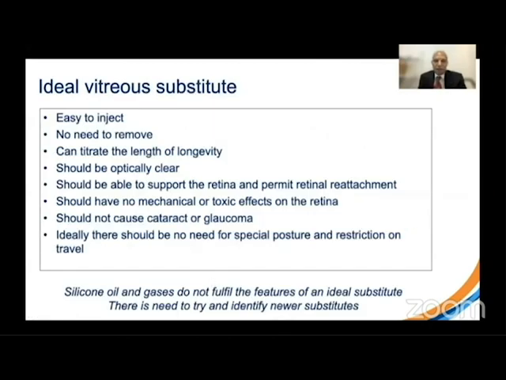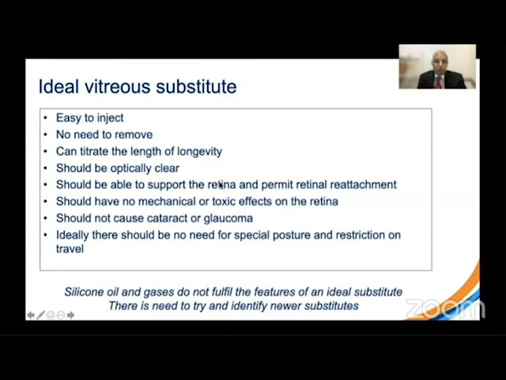But are they ideal? Neither gases nor silicone oils fulfill the features of an ideal substitute. An ideal vitreous substitute should be easy to inject and easy to remove, or at least there should be no need to remove. We should be able to titrate the length of longevity in the eye. It should be optically clear so that patient can see postoperatively, and we can also do laser, etc. postoperatively.